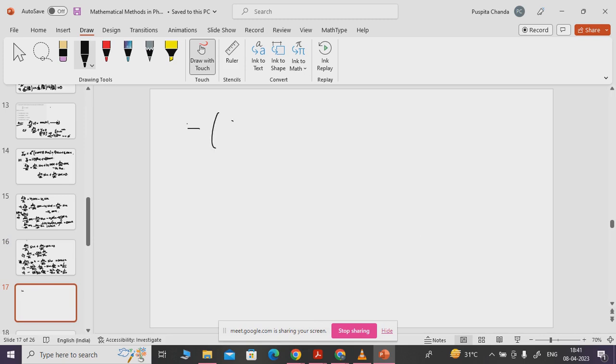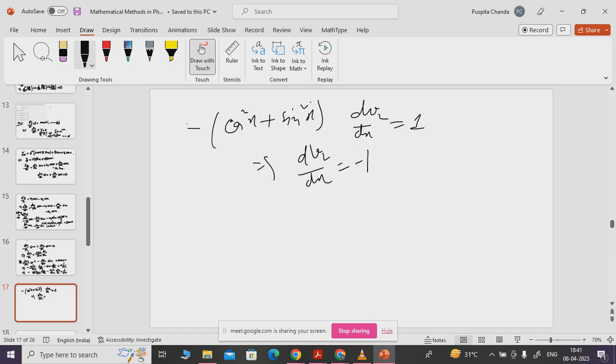So it will be cos square x plus sin square x, dv2 dx is equal to 1. So dv2 dx is equal to minus 1.